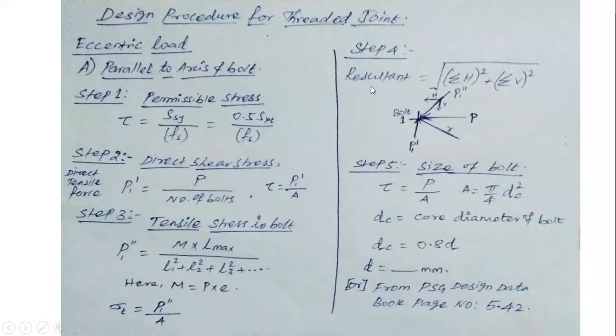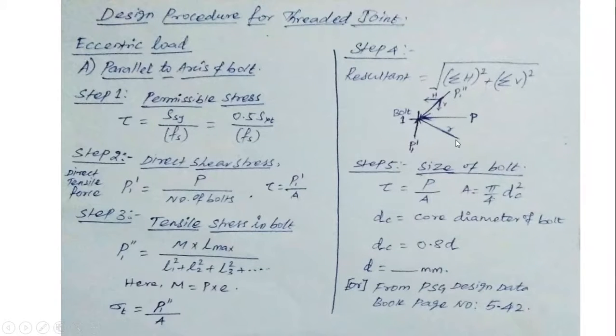And step 4, you will find the resultant force, square root of summation of H squared plus summation of V squared. Here we found the horizontal and vertical forces, and then we will find the resultant forces P1, P2, P3 and P4. Here this is bolt one, where the direct shear stress acts, and the secondary shear stress acts as P1 double dash.